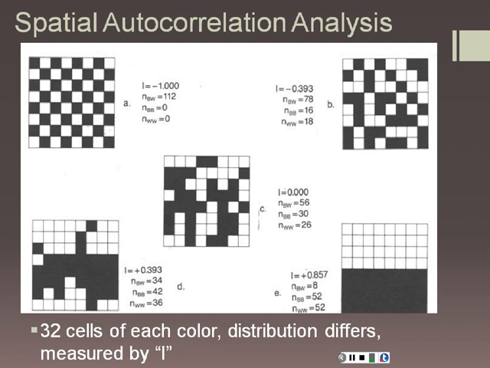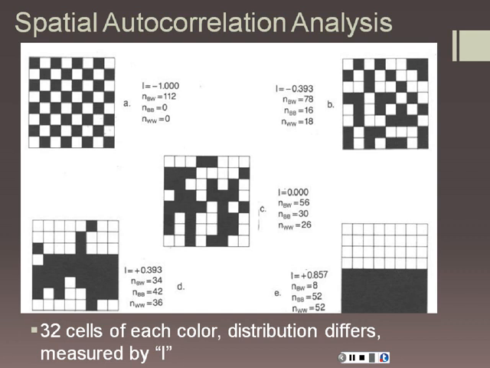So you will, by definition, never measure perfect positive spatial autocorrelation, because some measurement has to have a neighbor that's not exactly like it. But you can come pretty darn close.